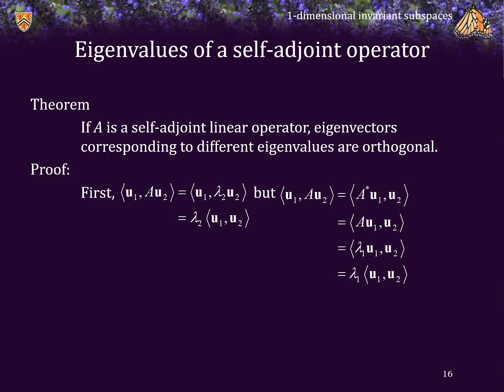Therefore, the only way that this can be equal is if the B term is 0. Consequently, the inner product of U1 and U2 must be 0, and therefore they are orthogonal. So that is the only possible conclusion we can draw, and therefore two eigenvectors from two different eigenvalues for a self-adjoint linear operator must be orthogonal.